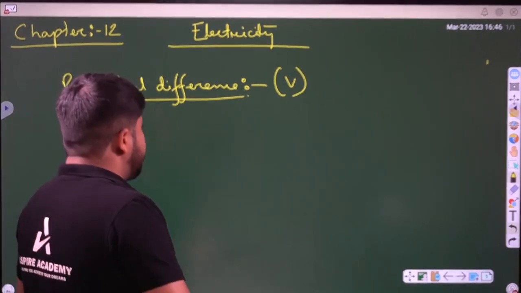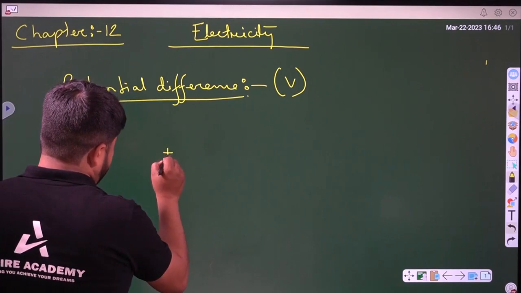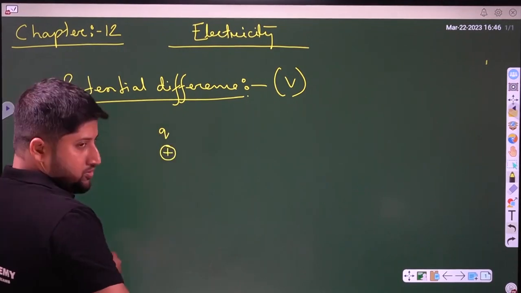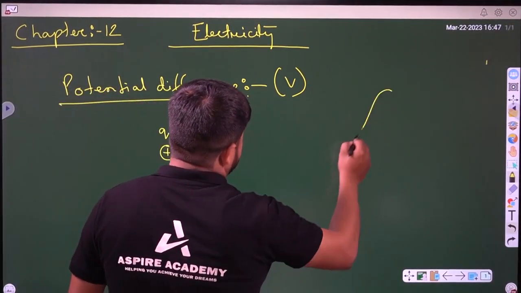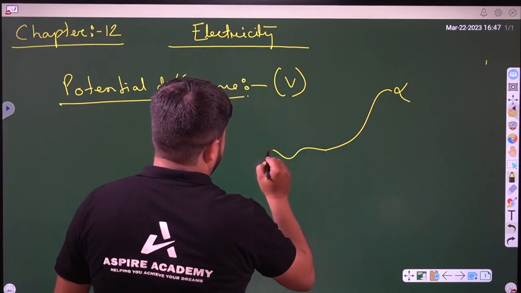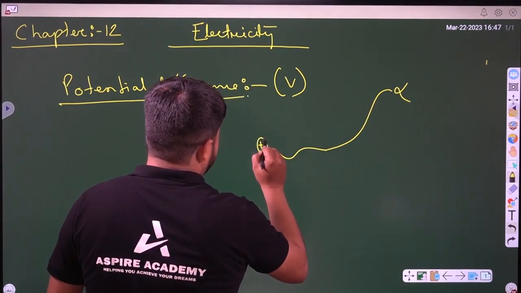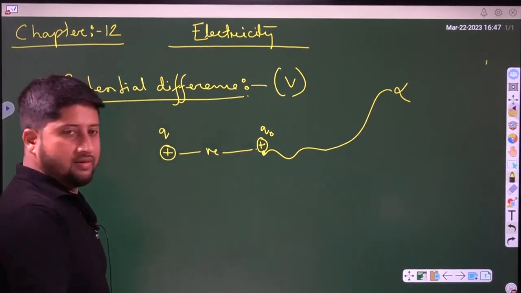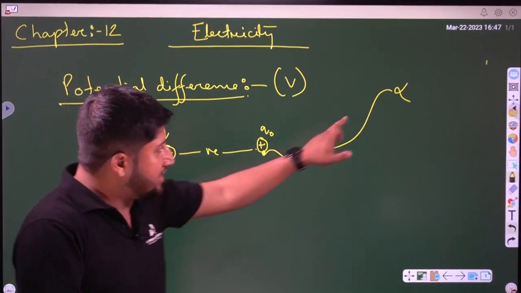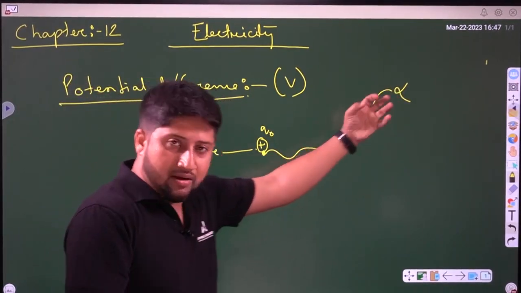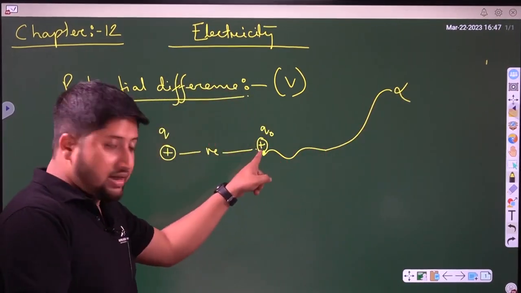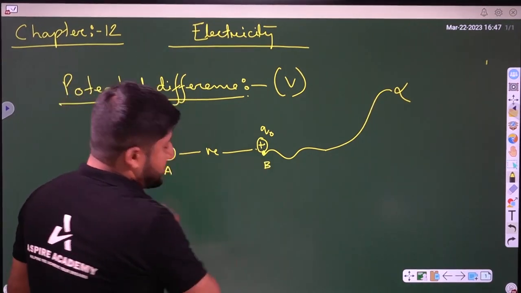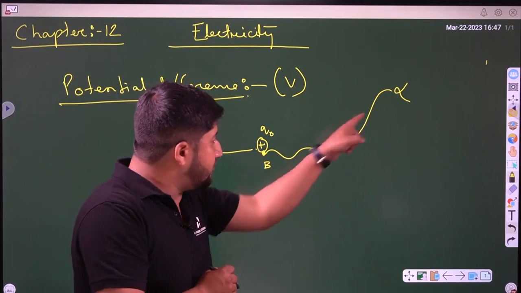Potential difference means, suppose one charge is here, we can place a positive charge here, which we call Q. Another positive charge, Q naught, is brought from infinity and placed here at a distance, suppose R. Suppose the positions are A and B. Work done is produced in bringing it from infinity to this point.